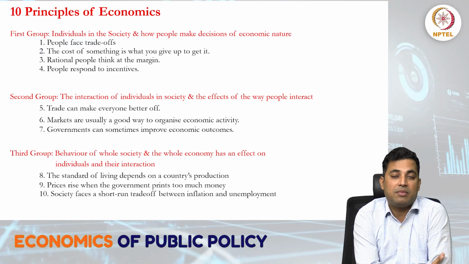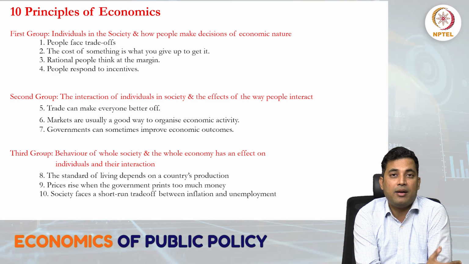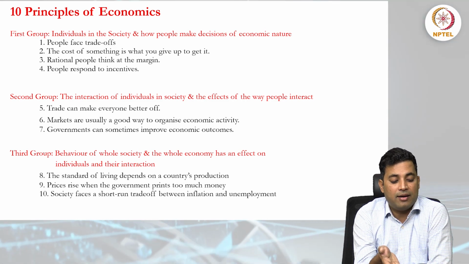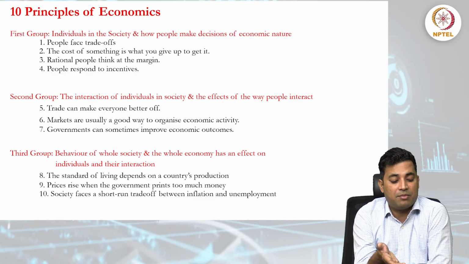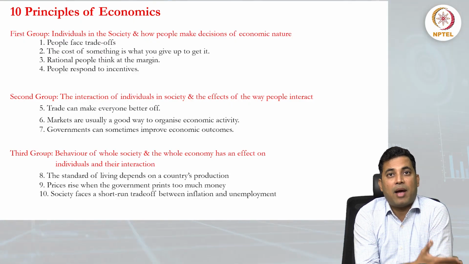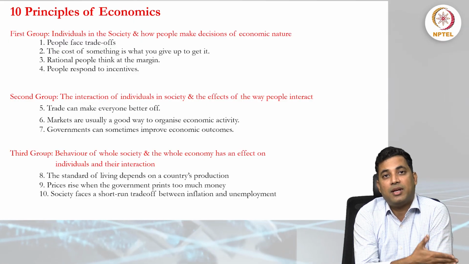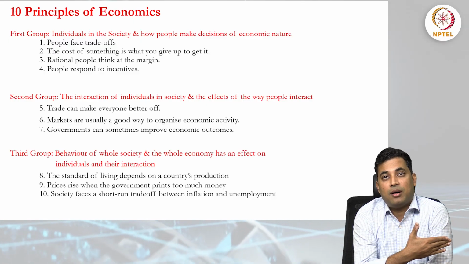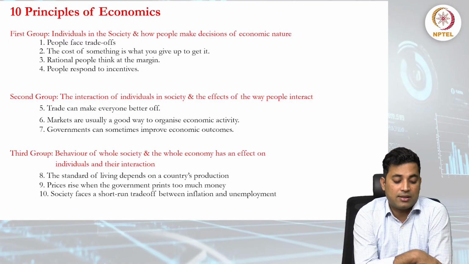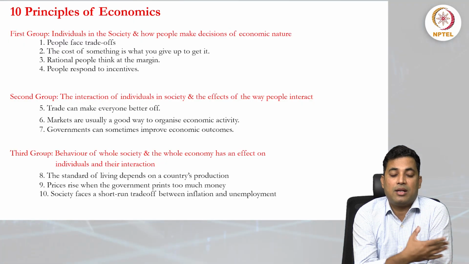These three principles talk about how group 1, principles 1 to 4, and the 3 principles from principle 5 to 7, are actually interacting at the macro level, and how they have an impact on the national output. These last 3 principles form group 3.